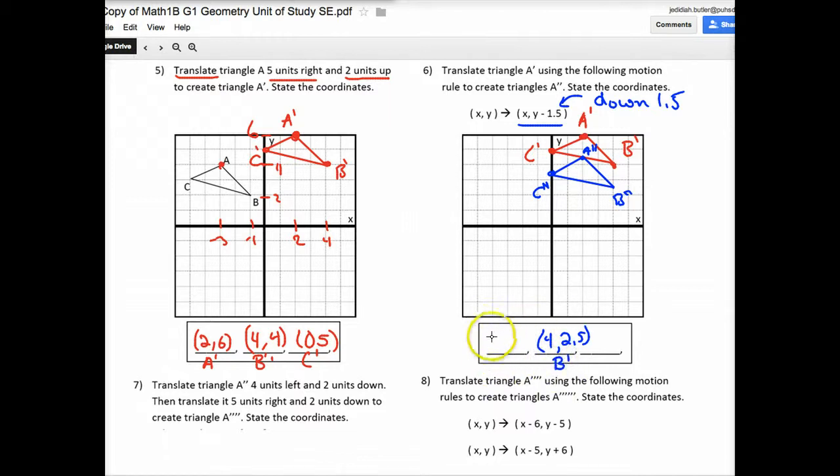Here's A prime, which was at 2, 6, but now you take 1.5 away and you'll be at 4.5. And that's our A double prime. And then C prime, the last one, is down 1.5 just like all the others. So it was at 5, but now it's at 3.5.